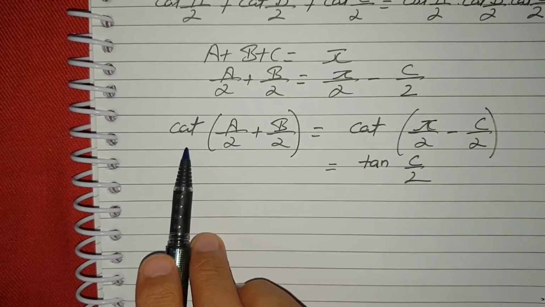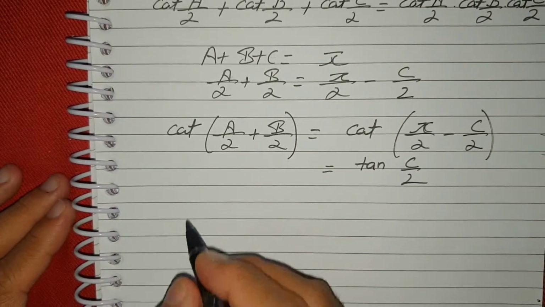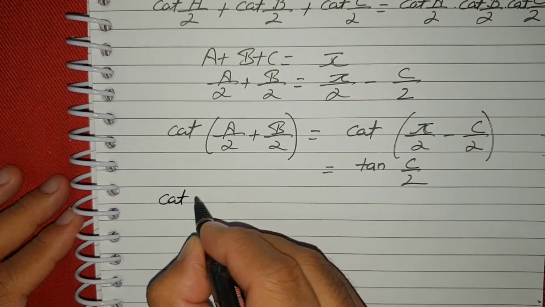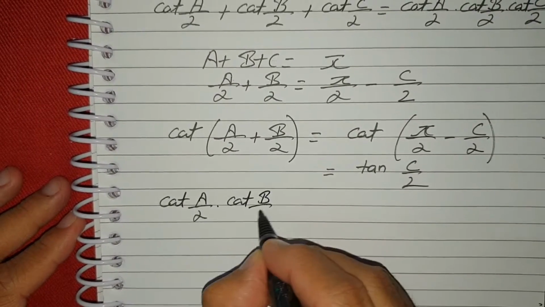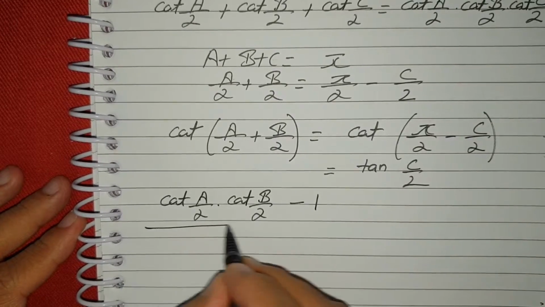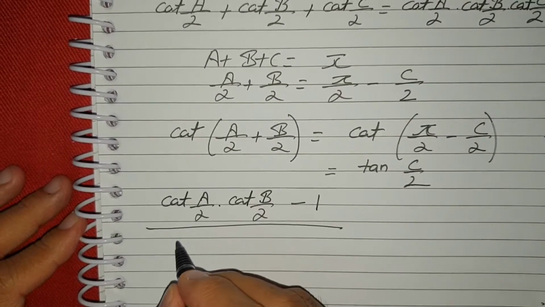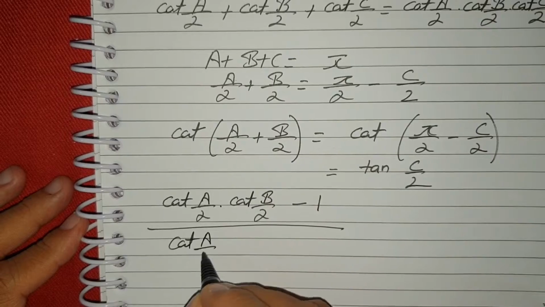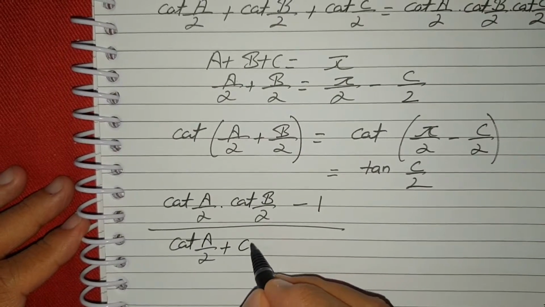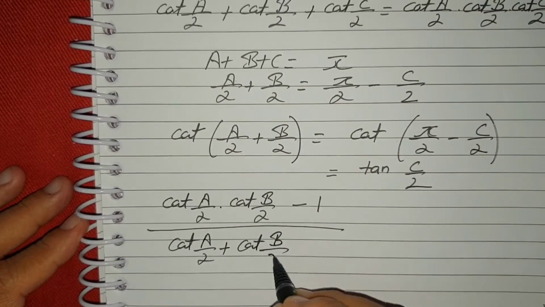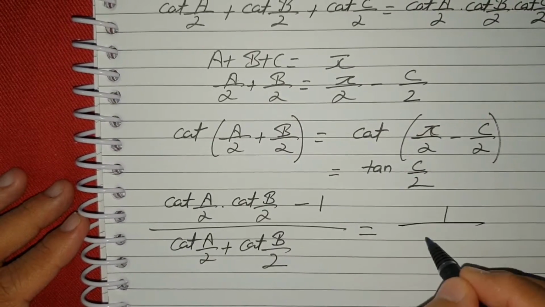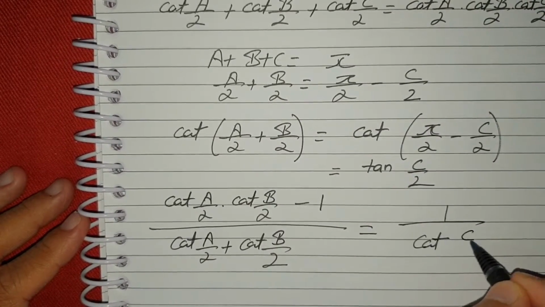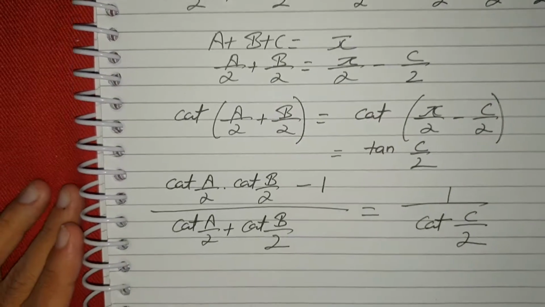Using the formula of cot A plus B, it's cot A cot B minus 1 upon cot A plus cot B. So cot A by 2 into cot B by 2 minus 1 upon cot A by 2 plus cot B by 2 equals, now tan C by 2 can be written as 1 upon cot C by 2.